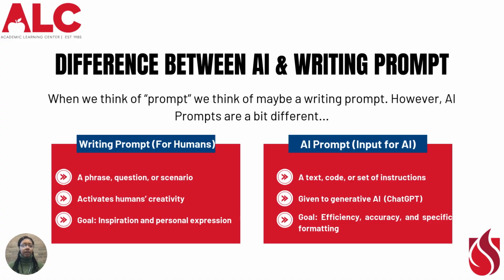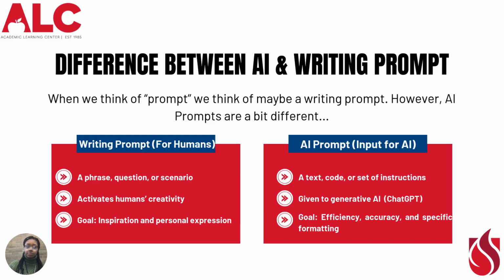When we think of a writing prompt, we think of writing prompts for humans, but an AI prompt looks a little different. A writing prompt is for humans, right? It's a phrase, question, or scenario, and it activates human creativity. The goal of it is inspiration and personal expression.